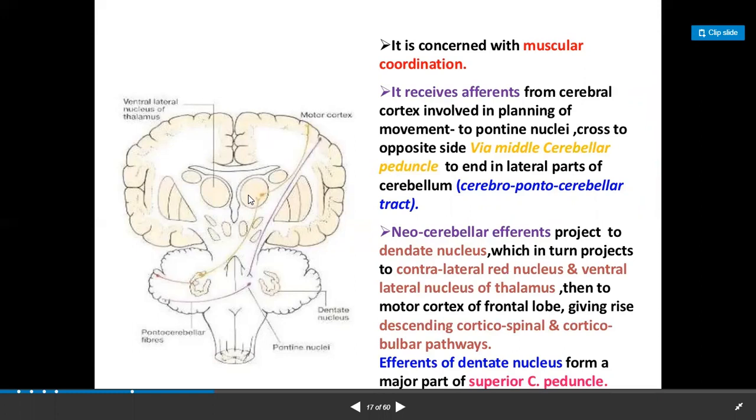The neocerebellar efferents start from the cerebellum and project to the dentate nucleus, which in turn projects to the contralateral, that means opposite side, red nucleus, which we find in the midbrain, and the ventrolateral nucleus of the thalamus, then giving to the motor cortex of the frontal lobe, giving rise to descending corticospinal and corticobulbar pathways.